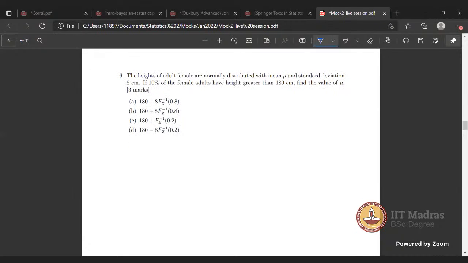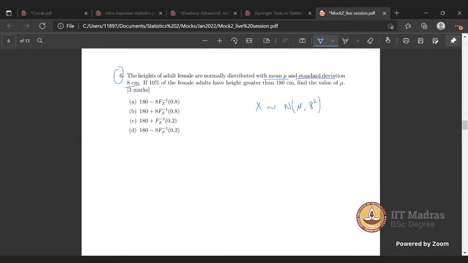All right. So this was quite easy. It says the heights are normally distributed with mean mu and standard deviation 8 centimeter. Let's say the random variable x represents the height of the adult female, normally distributed with mean mu and standard deviation 8 centimeter.